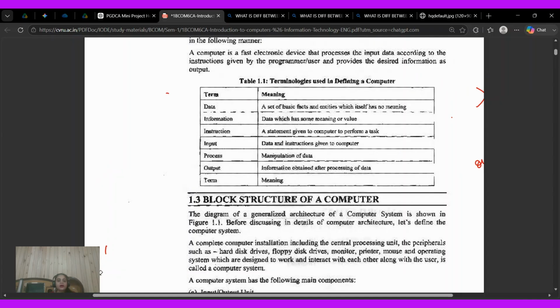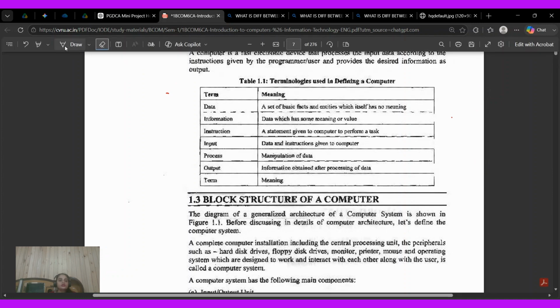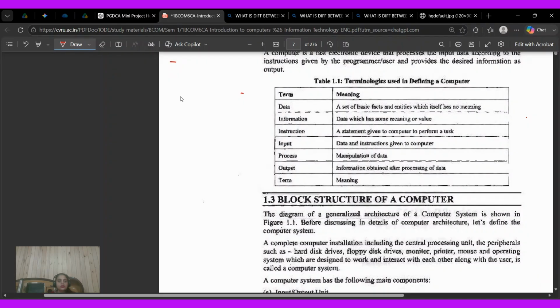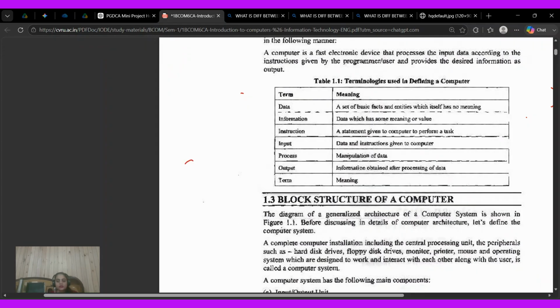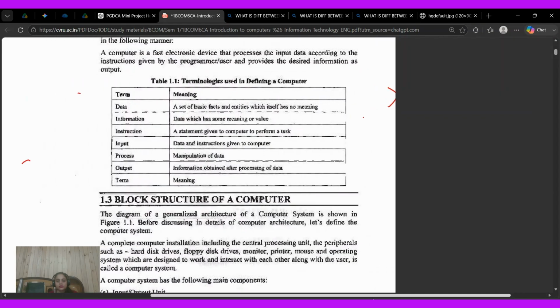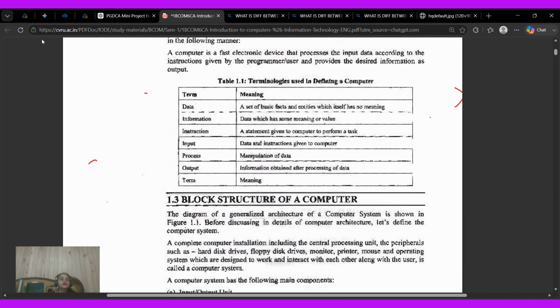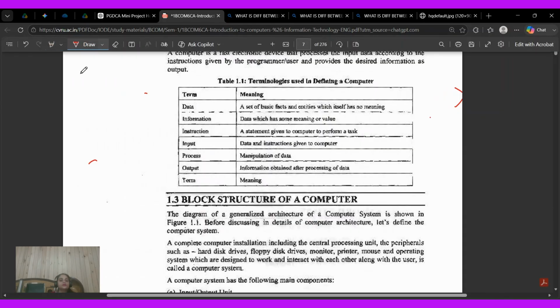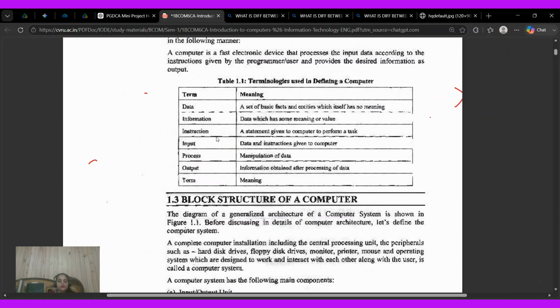An instruction is a command given to a computer, a statement given to a computer to perform a task.